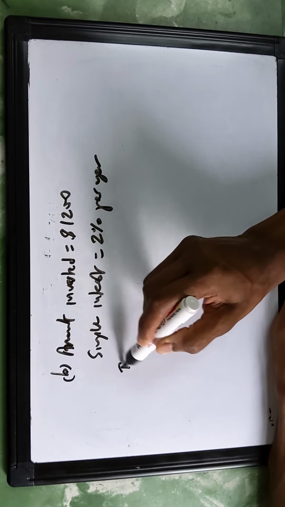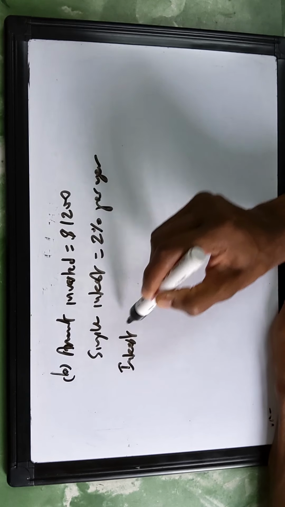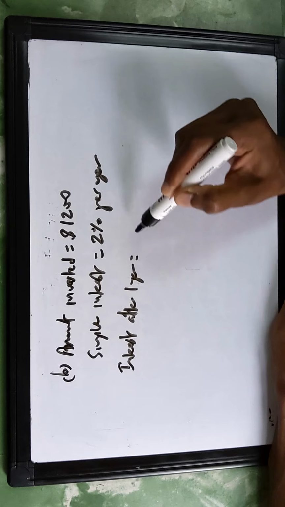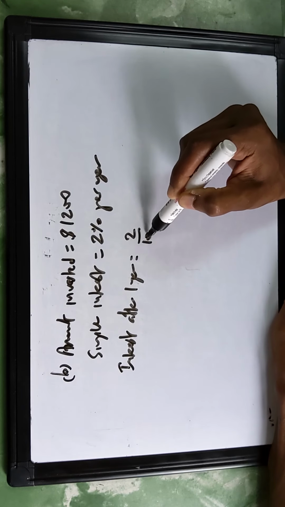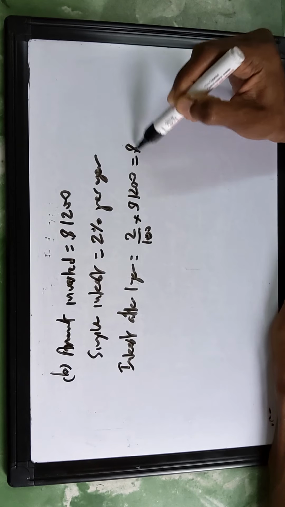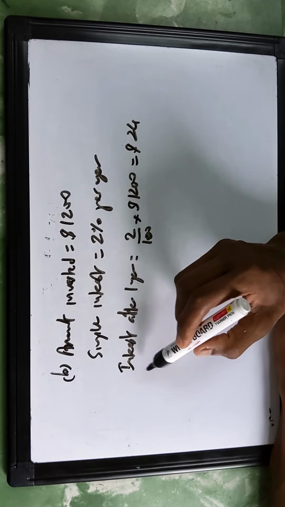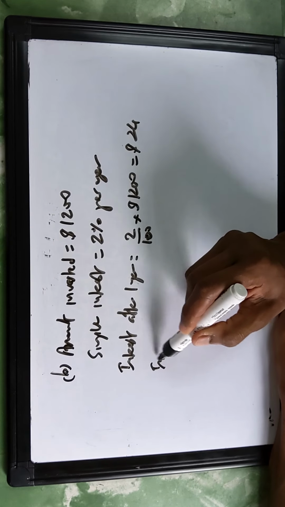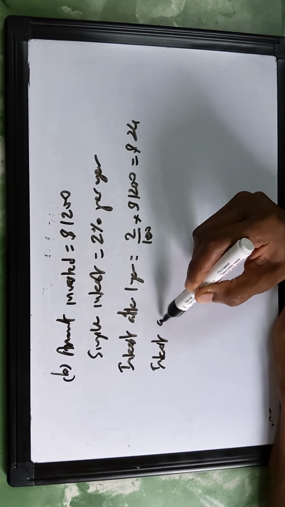So interest after 1 year is 2 upon 100 times 1200, that's $24. Now you're required to find the total amount after 6 years, so interest after 6 years.